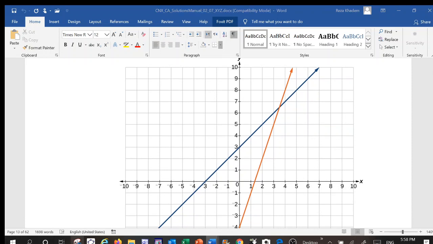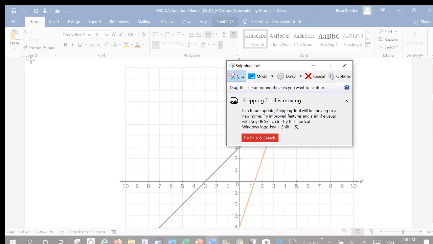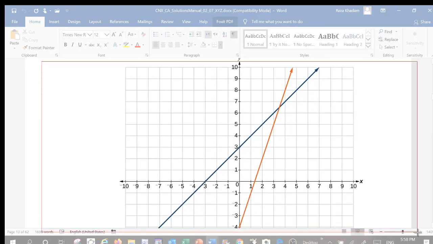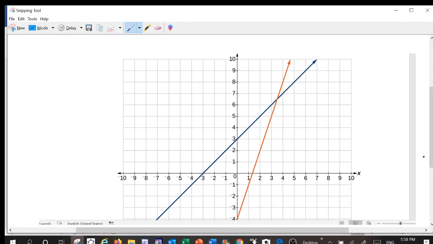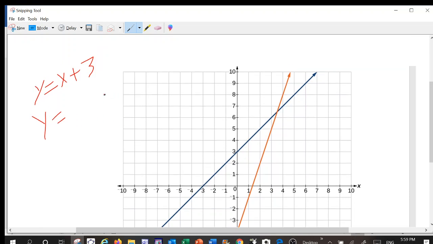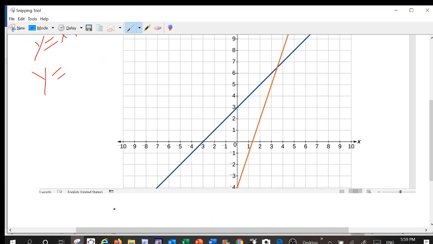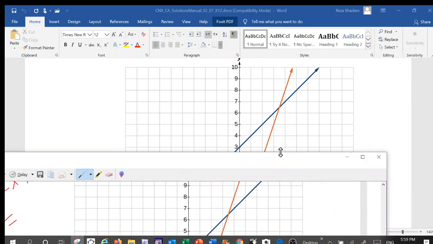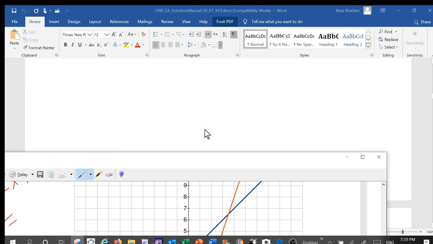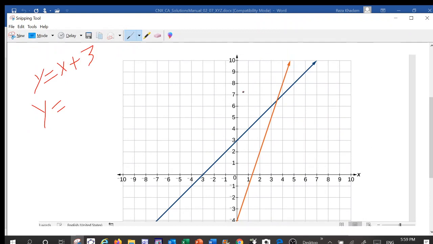Let me grab this so we can write on it. So we want y equals x plus 3 and y equals 3x minus 4. Alright.